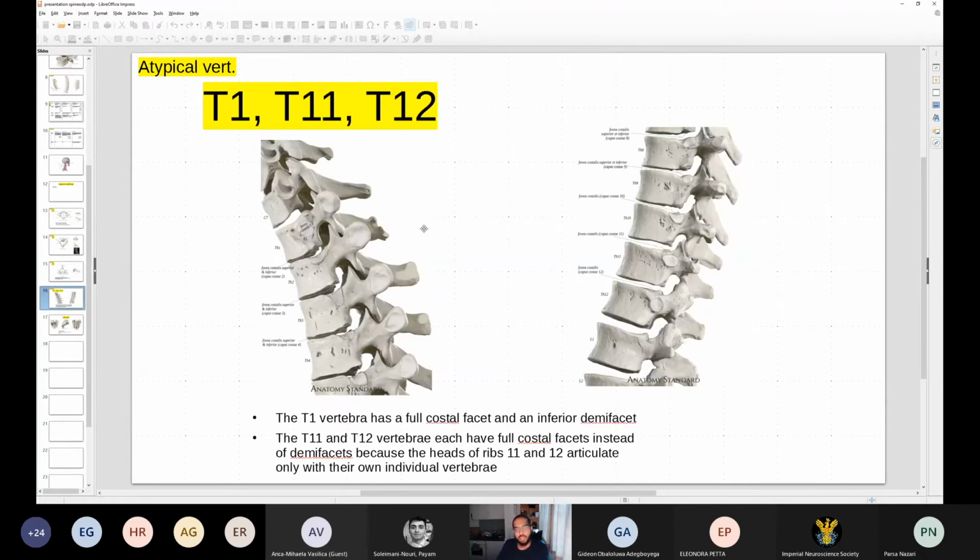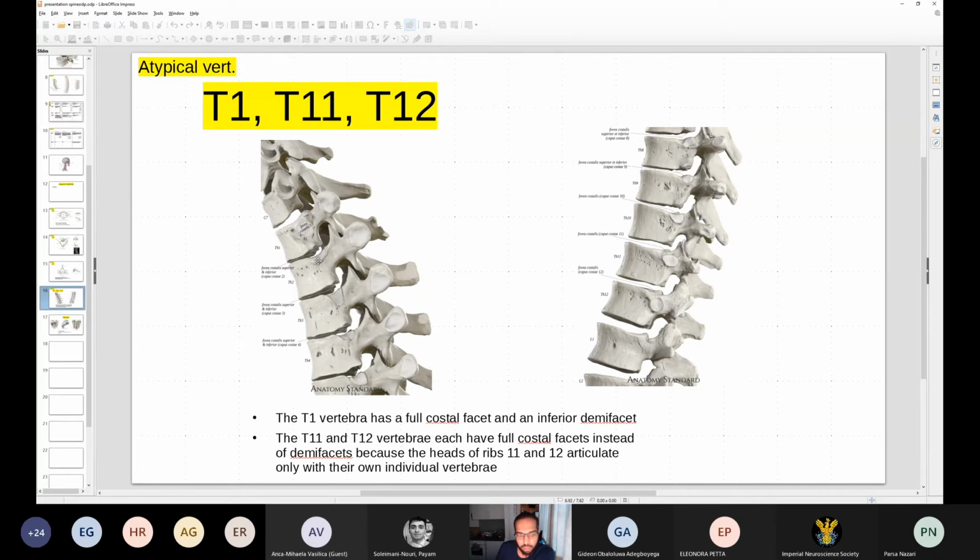So in terms of the thoracic vertebrae, we also have atypical vertebrae. We have T1 through T12. The thing that made the T1 vertebra atypical is that, so we talked about the demifacets in here.